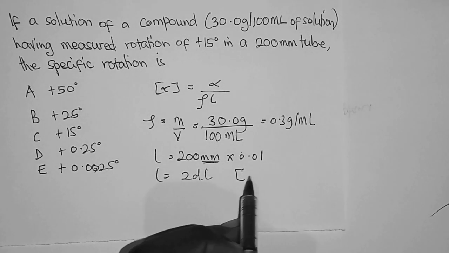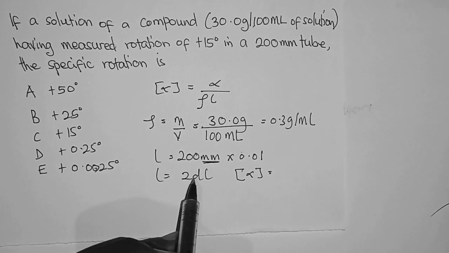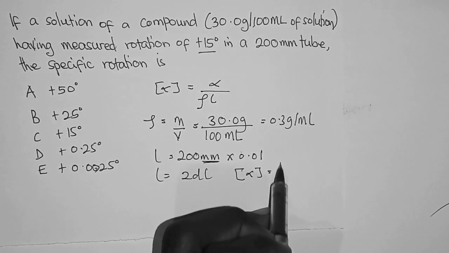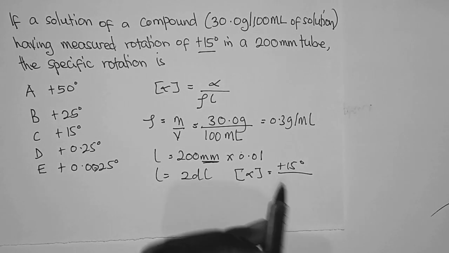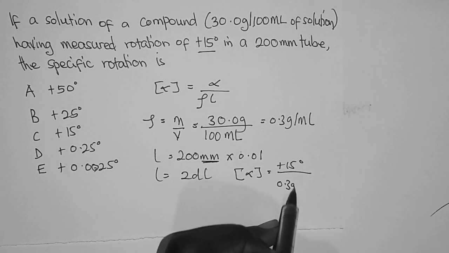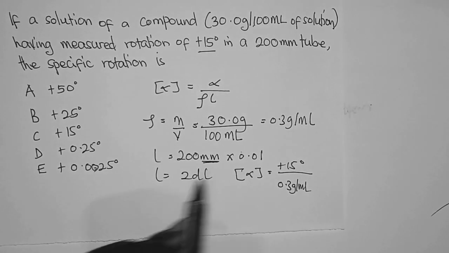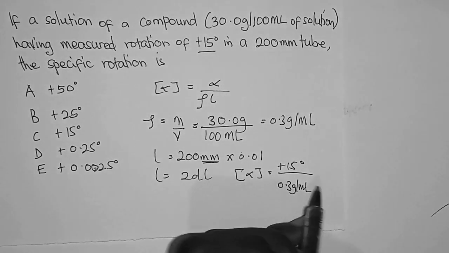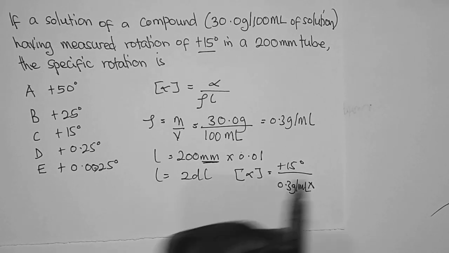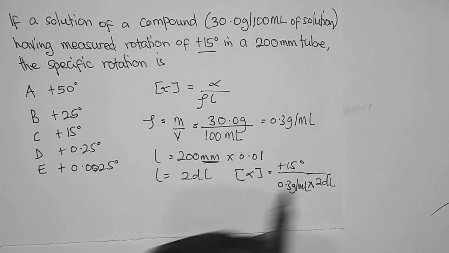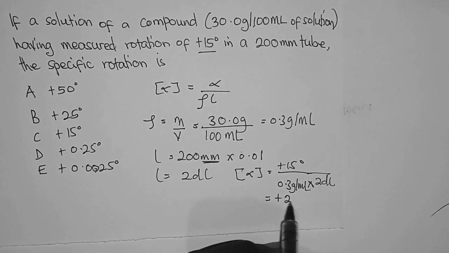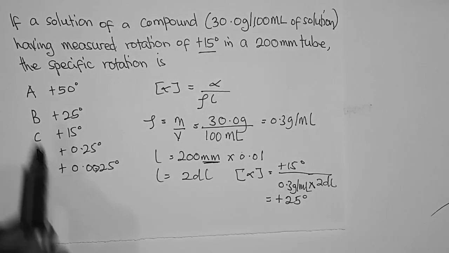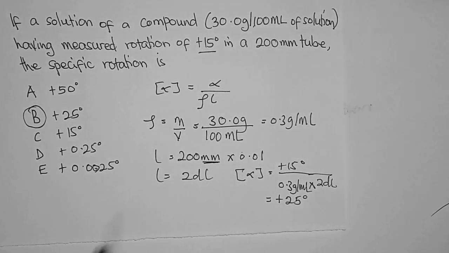Specific rotation is equal to the observed rotation, which is plus 15 degrees, divided by the concentration, 0.3 grams per milliliter, times the path length, which is 2 decimeters. So at the end of the day, 15 divided by 0.3 times 2 is equal to plus 25 degrees. And this is the correct answer.